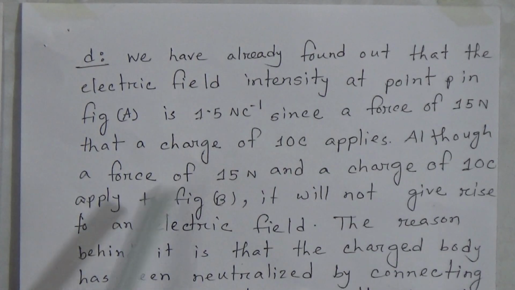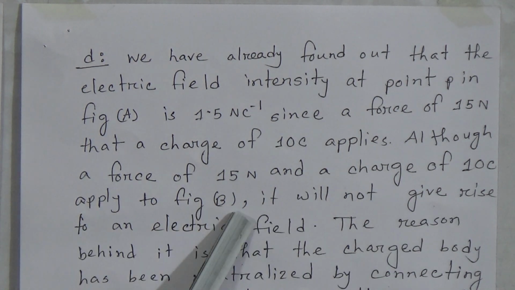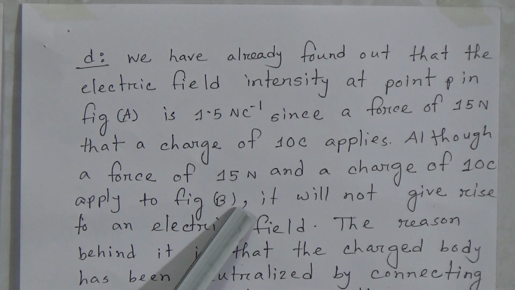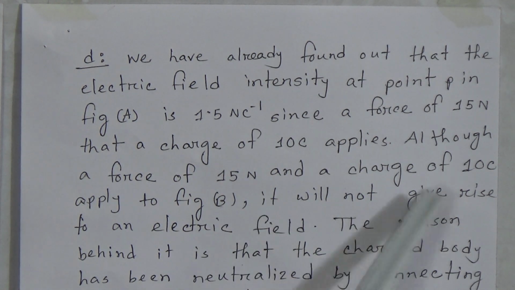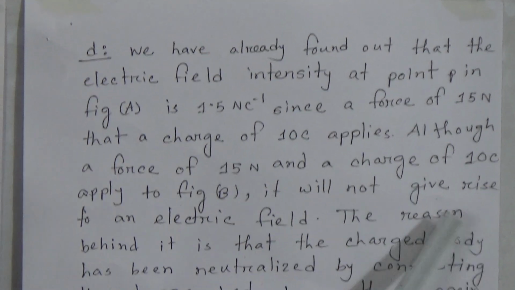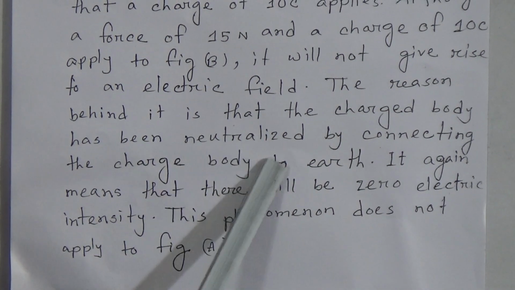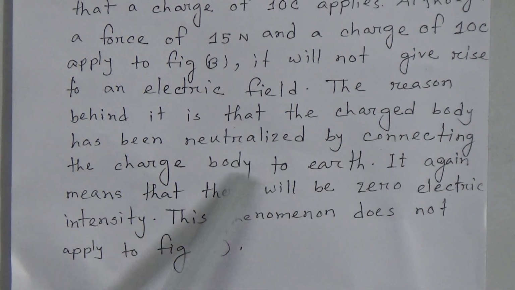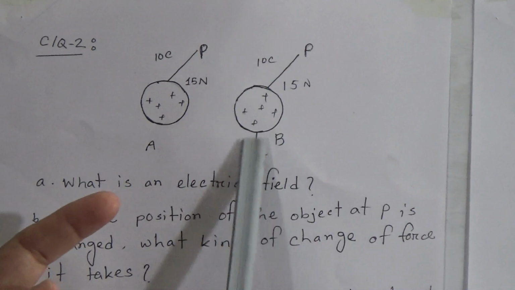Although a force of 15 Newton and a charge of 10 coulomb apply on figure B, here also the same charge and same force are applied, so it will not give rise to an electric field. The reason behind it is that the charged body has been neutralized by connecting it to the earth. My dear students, see the figure properly here. This charged body is connected with earth.